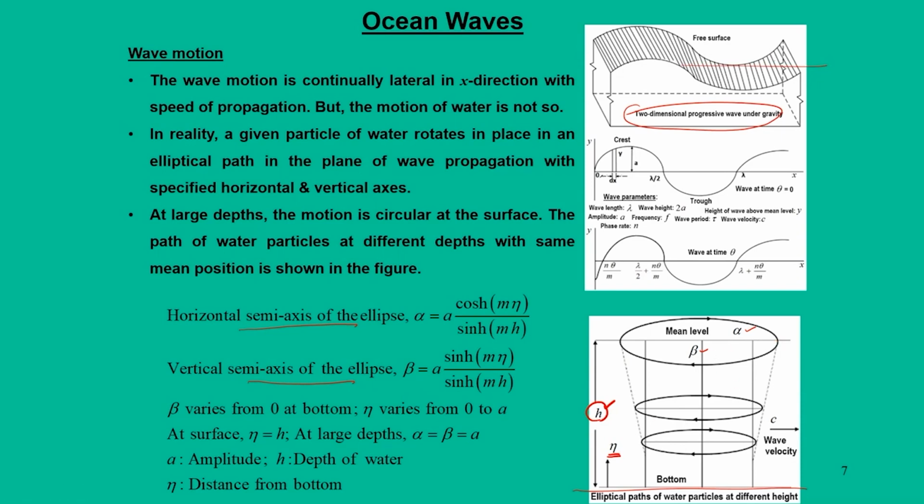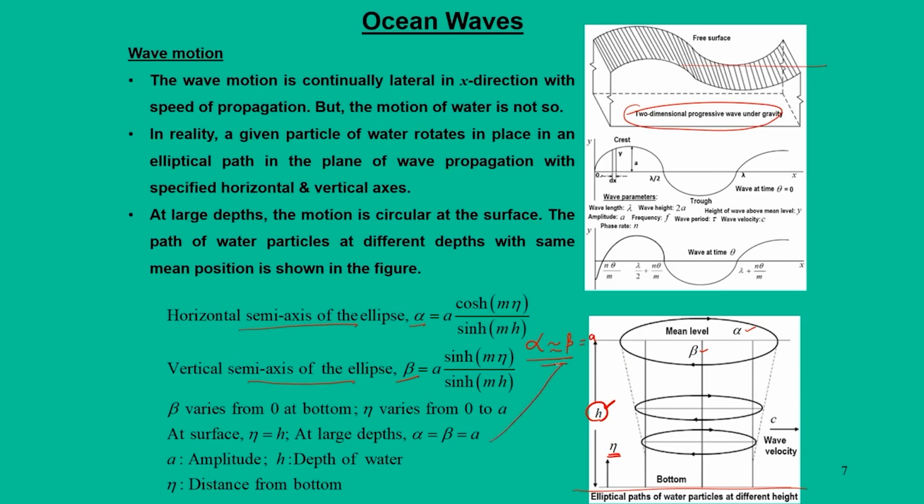Now, if you keep coming down from the surface towards the depth, slowly the elliptical pattern changes to circular. That means at the bottom the pattern is mostly circular. Why do we say this? Because the horizontal semi axis alpha and vertical semi axis beta become approximately equal, and that is nothing but A, the amplitude of the wave.